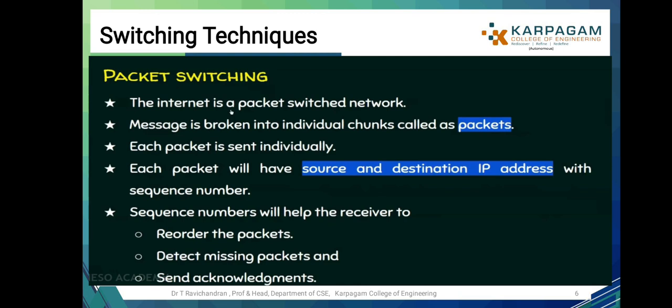The sequence number helps the receiver reorder the packets and detect missing packets, and the receiver sends an acknowledgement. If an acknowledgement is not received, the sender decides that the packet did not reach the receiver. By this method, all the packets are collected and the complete message is transferred from sender to receiver.